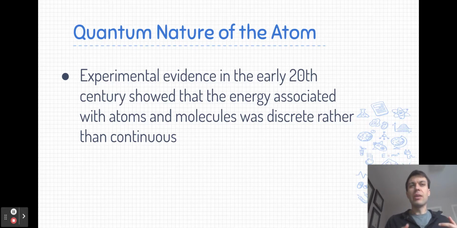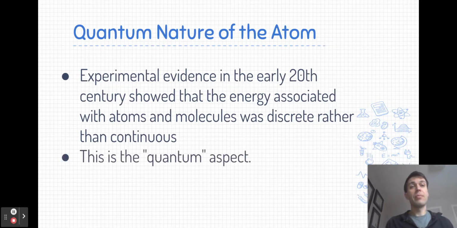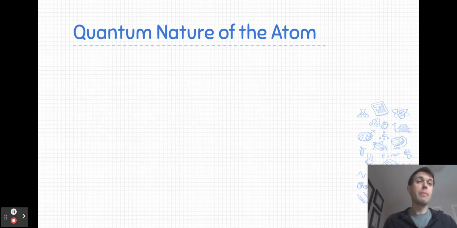When we talk about energy being discrete, that's thinking about like raindrops, energy coming in discrete little packages that is bombarding us with that energy. So when we use the term quantum, it's always describing some sort of discrete aspect of describing atoms, electrons, energy, something along those lines.